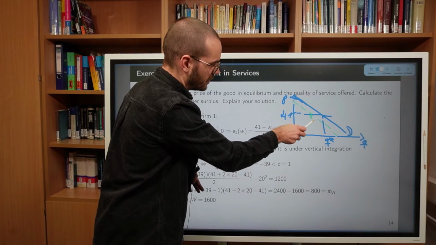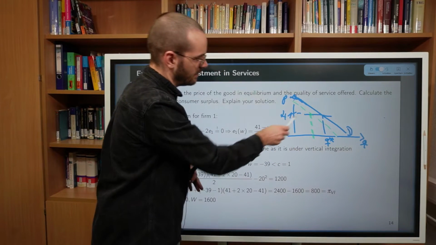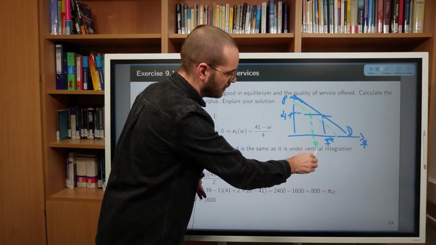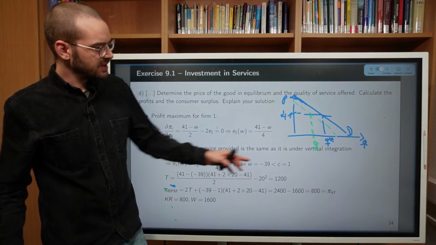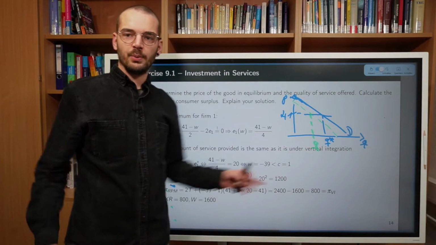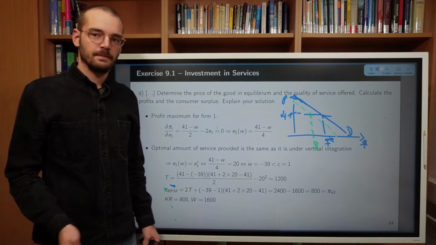And from this downward shifted demand curve, of course, it results that for a given price, the sold quantity would be lower than the one we need in order to maximize profits.